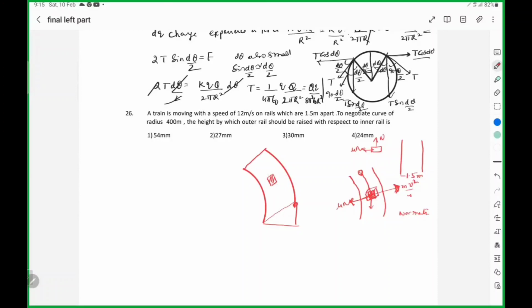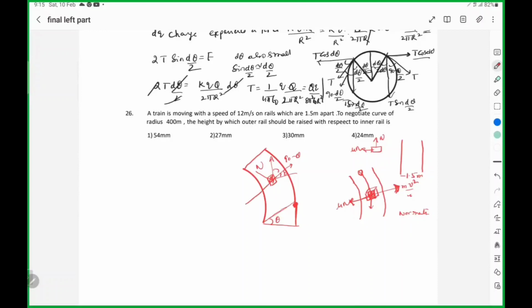The normal reaction exerted by the surface on the vehicle is in this direction. Here the road is raised to an angle theta. So here also with the horizontal it makes an angle theta. It is 90 minus theta.